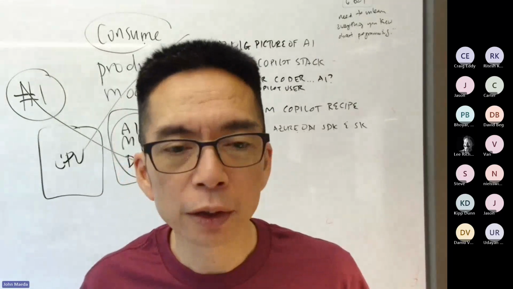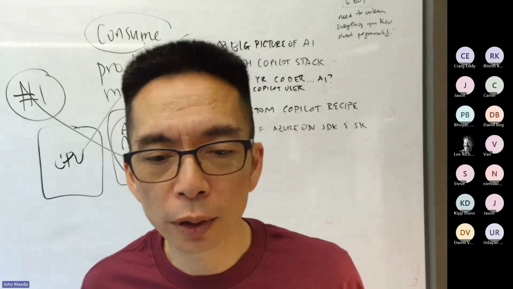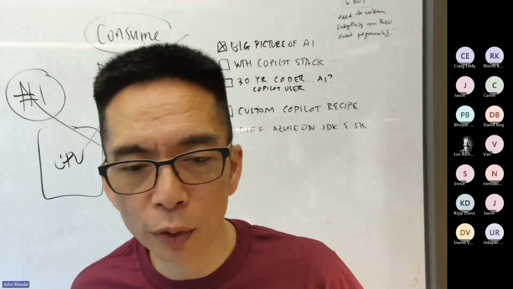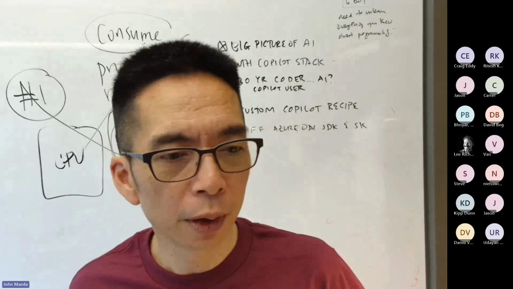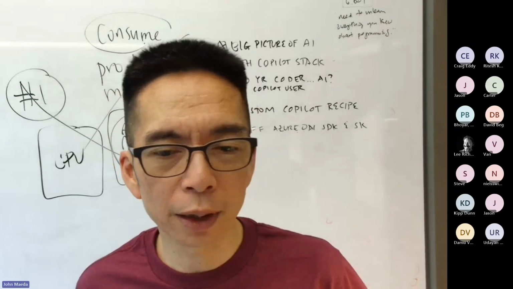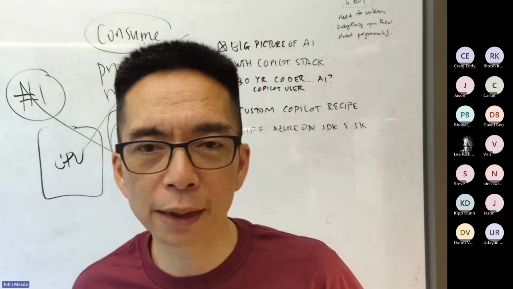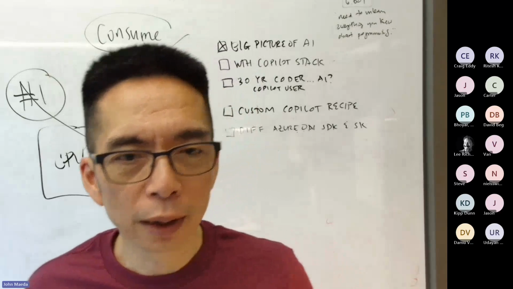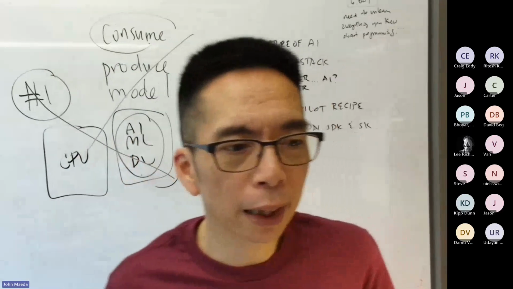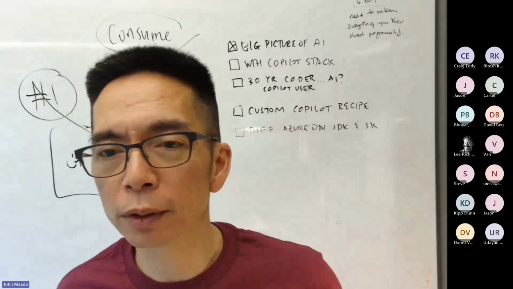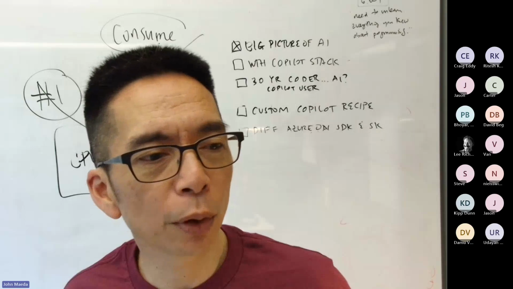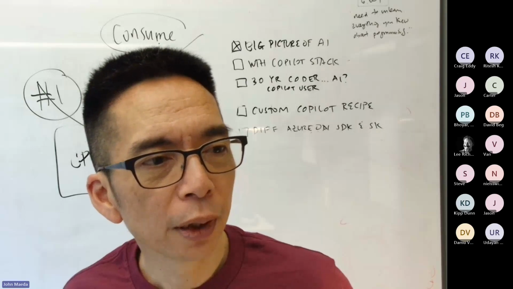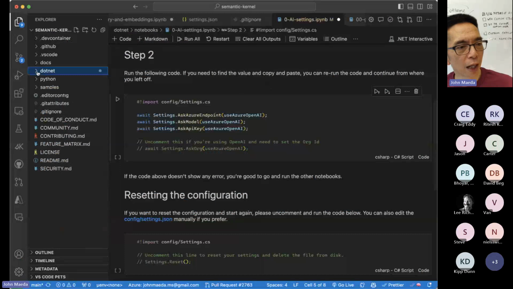So let's jump into that. Those of you who love to download repos on GitHub might say, I don't want to download another repo. Well, let me tell you what can happen after you download it. If you go to the Semantic Kernel repo, there is a file structure like this.